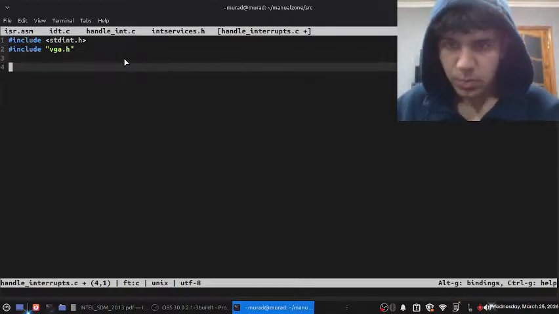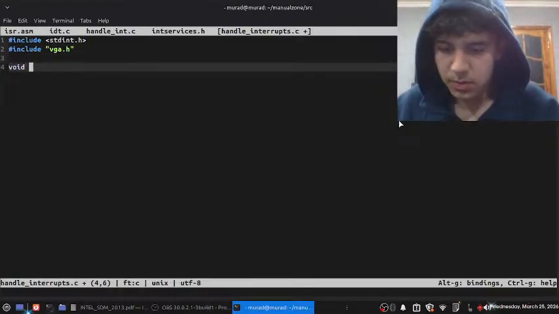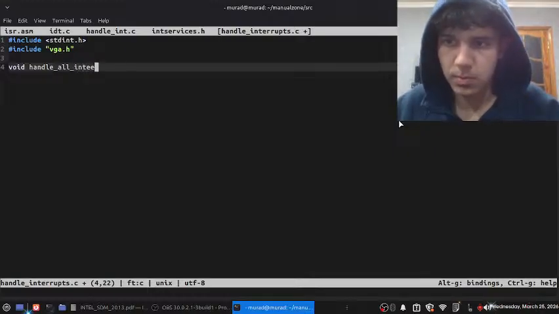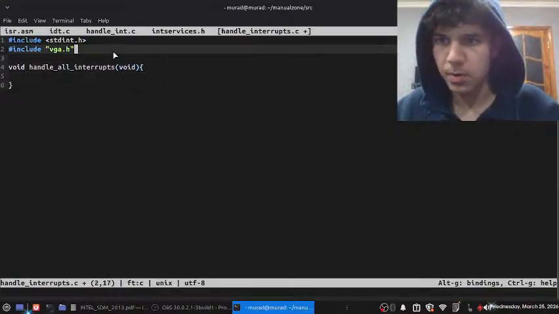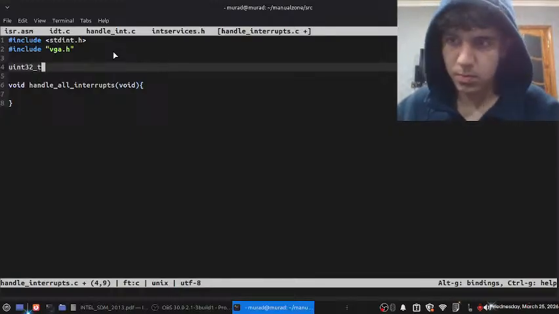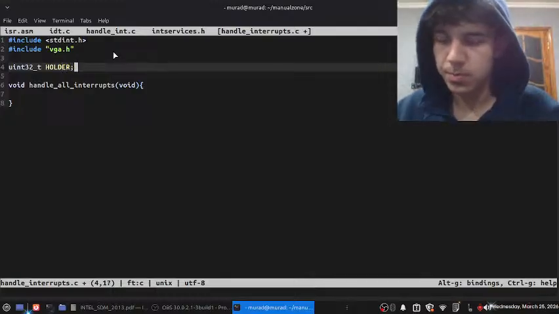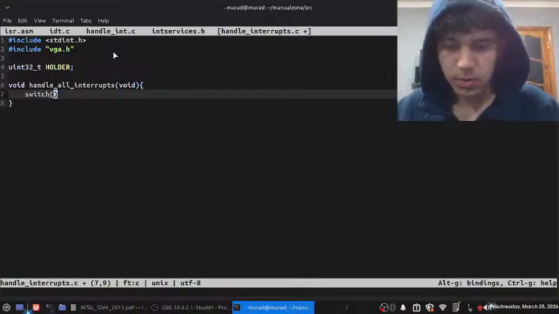Okay. My idea is this. Handle all interrupts. There is an interrupt number holder. It will basically switch cases.